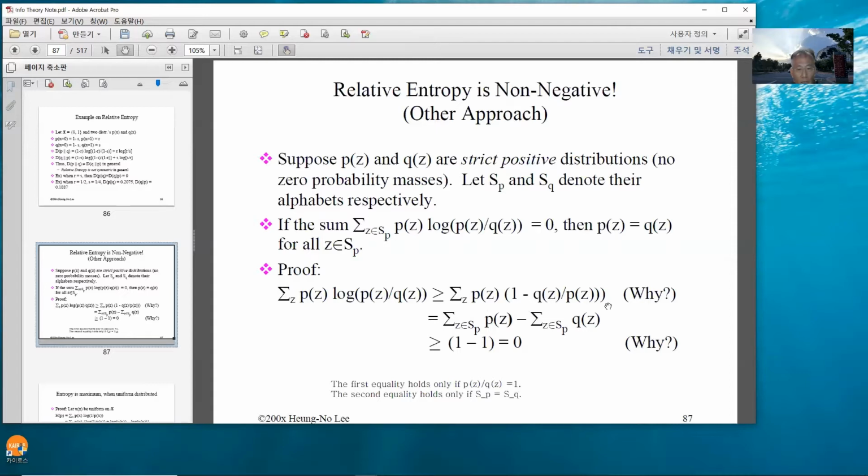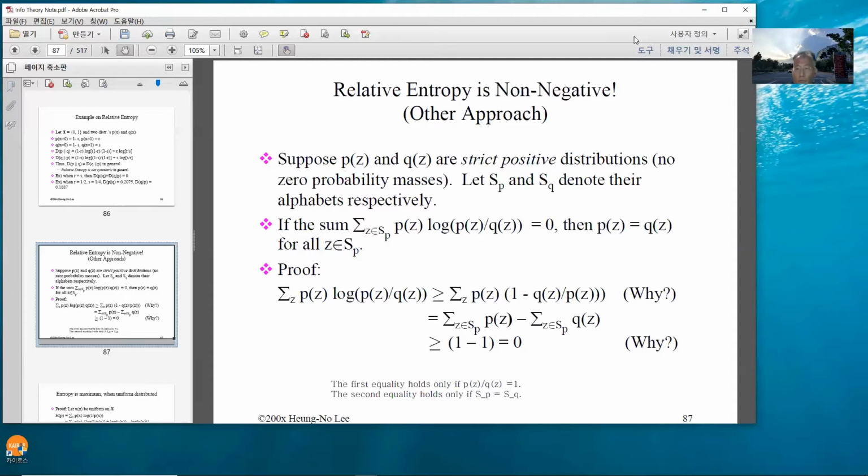So basically in this case, I have this argument replaced with 1 minus Q over P. So log of an argument is replaced by 1 minus the inverse argument. So that's what it is.